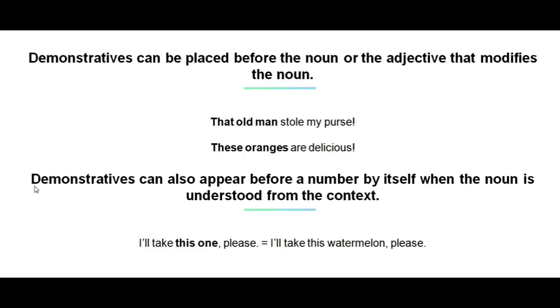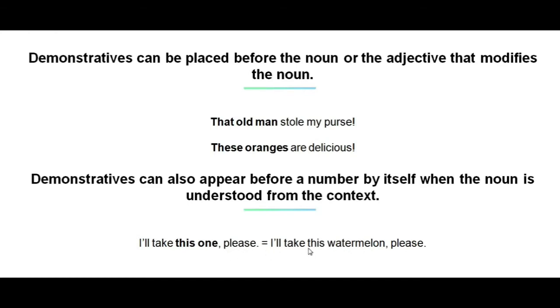Also note that demonstratives can appear before a number by itself when the noun is understood from context. Have a look at the sentence over here. I'll take this one, please. I'll take this watermelon, please. Now these sentences are both the same.